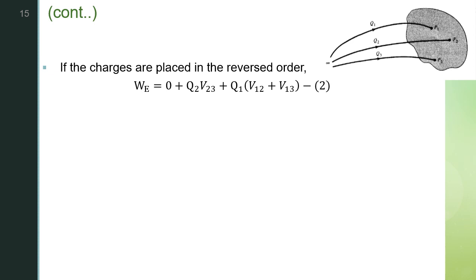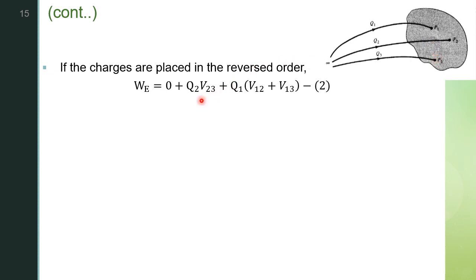Now we are trying to place the charges in reverse order. That is, first we'll place the charge Q3, then Q2 and then Q1. So in that case, when we place Q3, the system is charge-free, so the work done in bringing the charge Q3 into the system is 0. When you bring the charge Q2 into the system, there is already charge Q3 in the system.